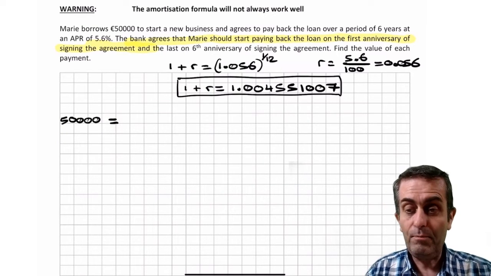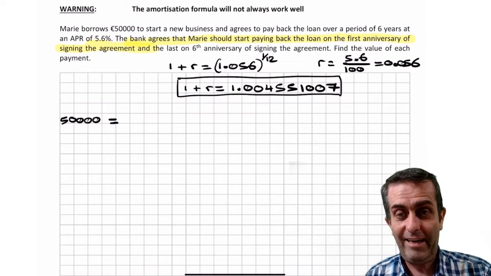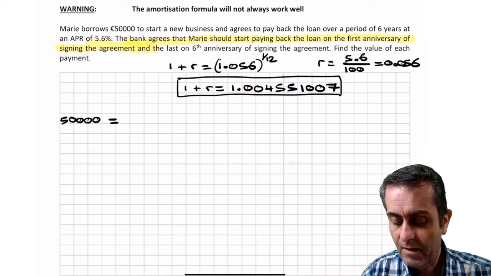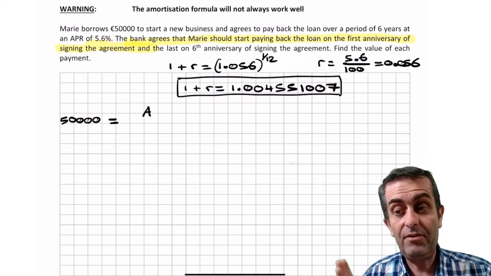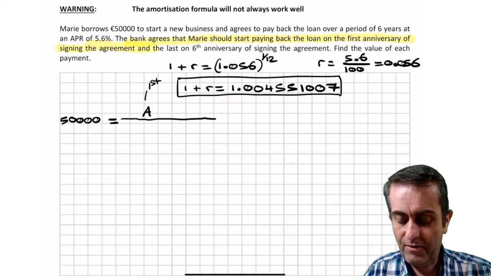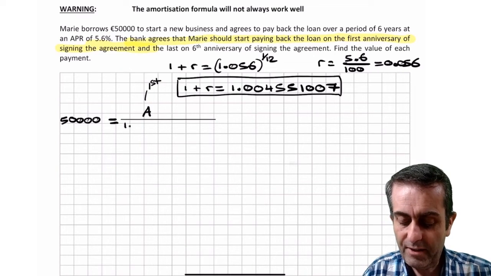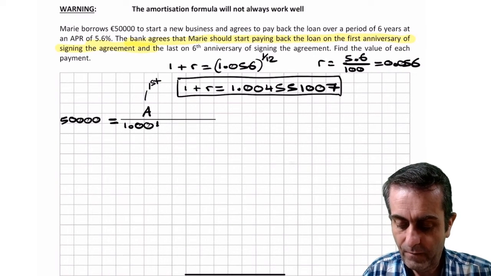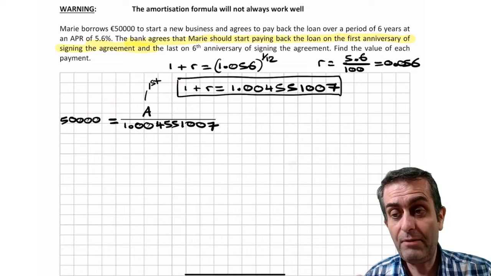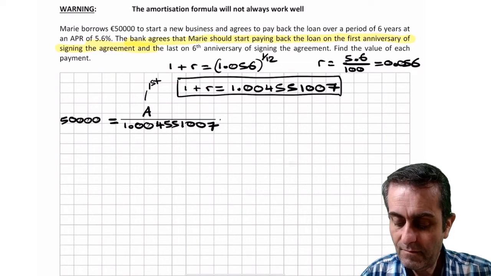Now, let's imagine that the monthly payments are of value A, capital A. Her first payment, remember, her first payment A, and these are all equal payments A, is made 1 year after she signs. So the present value of that is going to be A divided by 1.004551007 to the power of the amount of time which has passed.